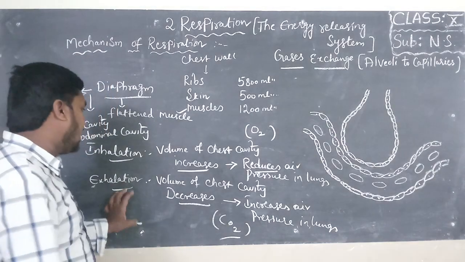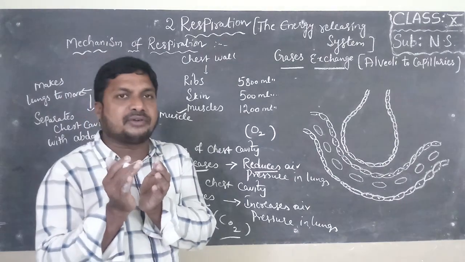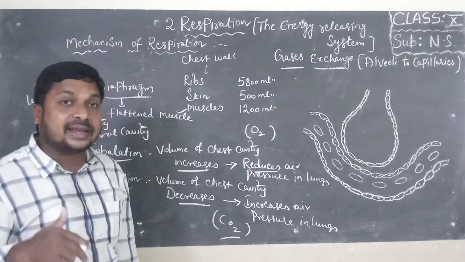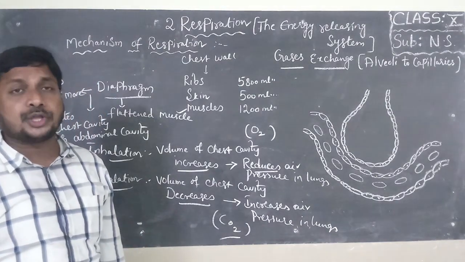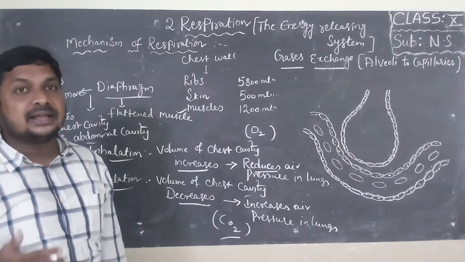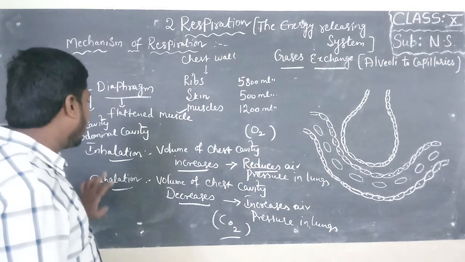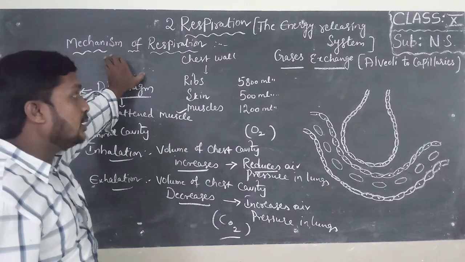At the time of exhalation, the volume of the chest cavity decreases, and the air pressure in the lungs increases. So, air rushes out from the lungs through alveoli, bronchioles, bronchi, trachea, larynx, pharynx, nasal cavity, nostrils, outside of the body. Both together are called the mechanism of respiration.